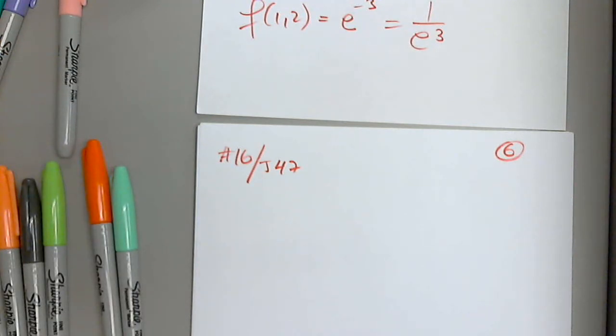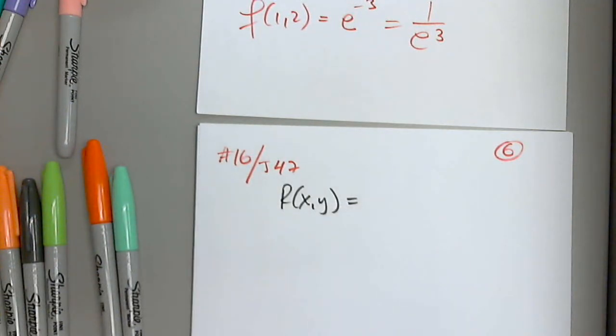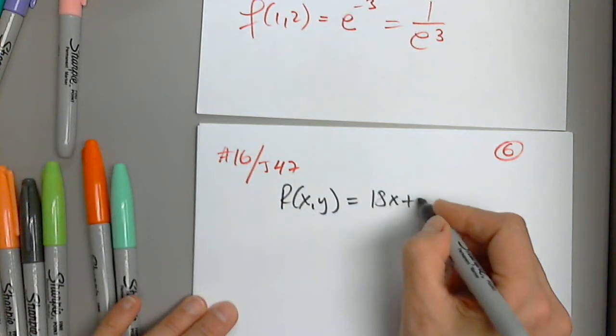A concert promoter produces 2 kinds of souvenir shirts. Total revenue from the sale of x thousand shirts at 18 each and y thousand at 25 each is given by, so we have a revenue, 2 different types, 2 different prices, 18x plus 25y.